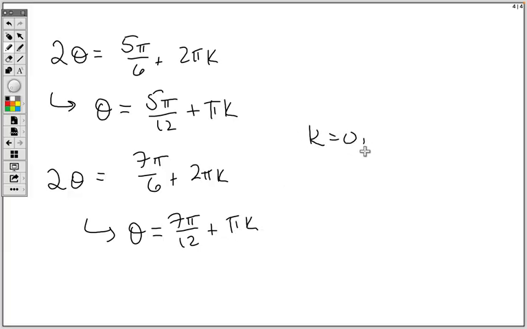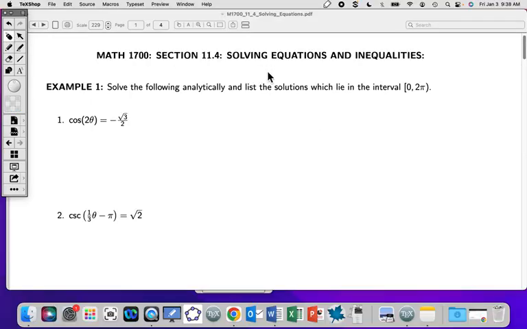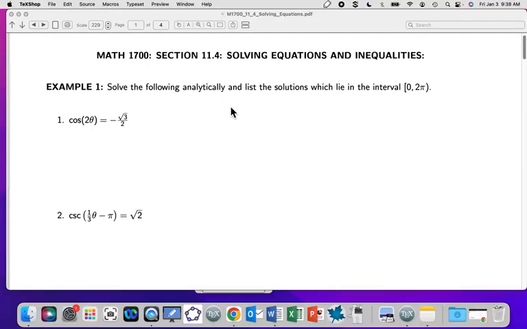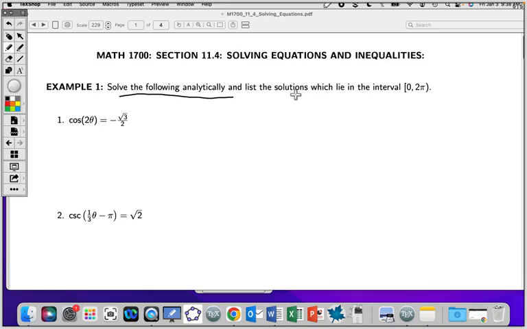And once again, k would be 0, plus or minus 1, plus or minus 2, etc. So this would represent the solutions. Okay, so I solved them. So this is all the solutions.